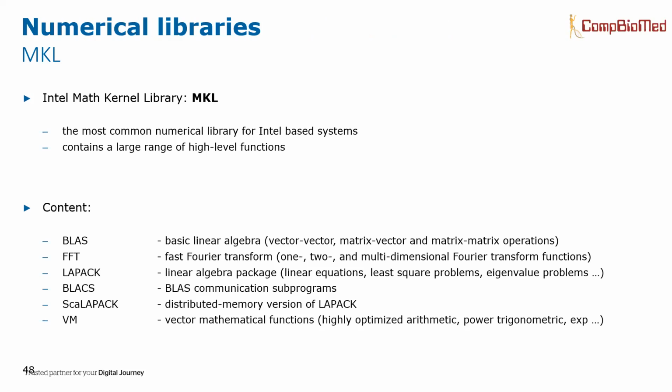You have access to mathematical functions, for example the cosine, the sine function, the power function, the square root function, etc. You also have operations on vectors and matrices. You can do fast Fourier transforms, for example. You have linear algebra operations such as solving least squares problems and eigenvalue problems.